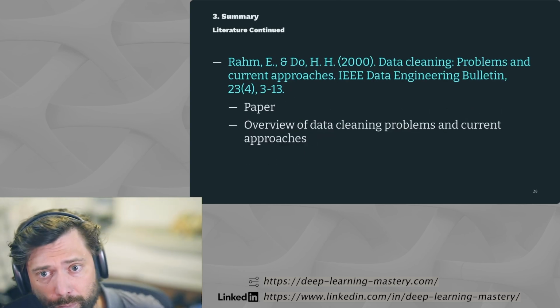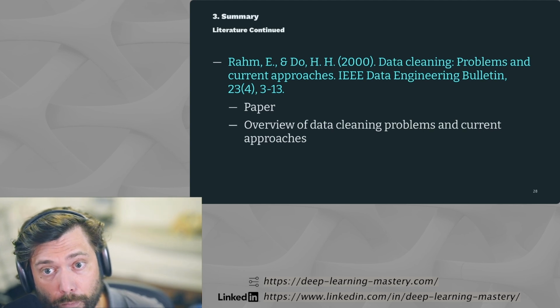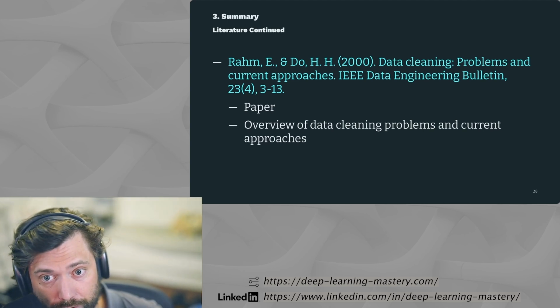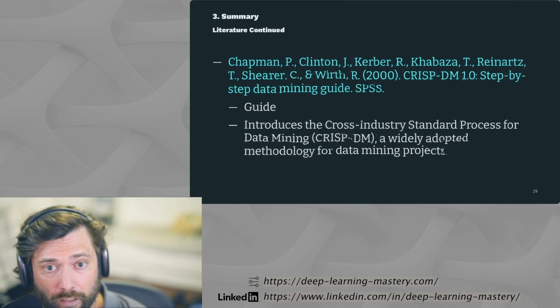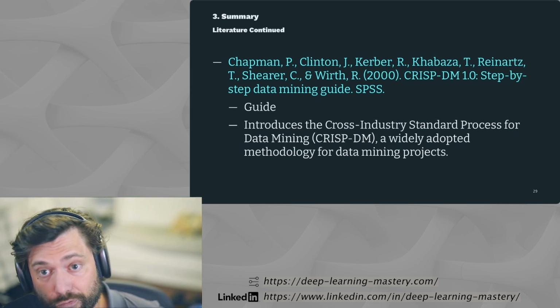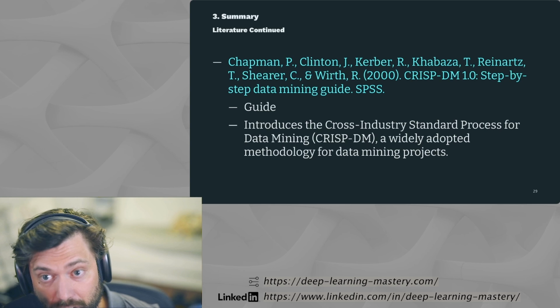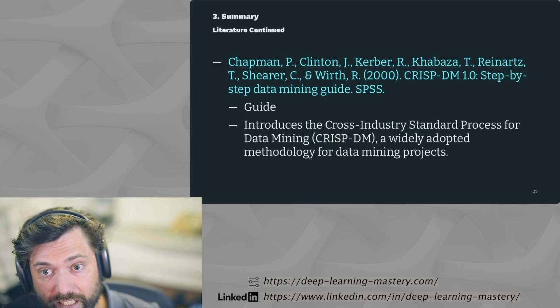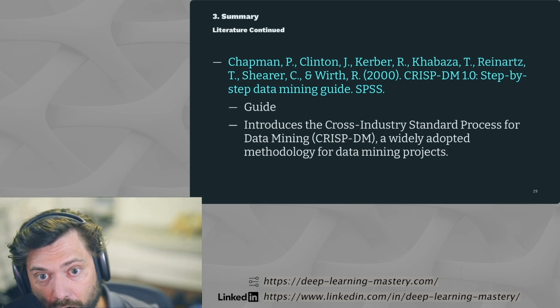Now, another relevant paper is Data Cleaning, Problems and Current Approaches by Rahm and Do. This paper provides an overview of data cleaning problems and current approaches in the field. Now, the guide, CRISP-DM 1.0, is a step-by-step data mining guide by Chapman et al.